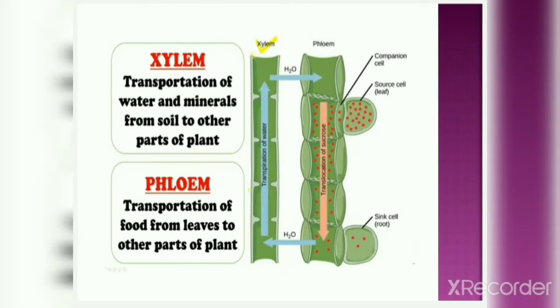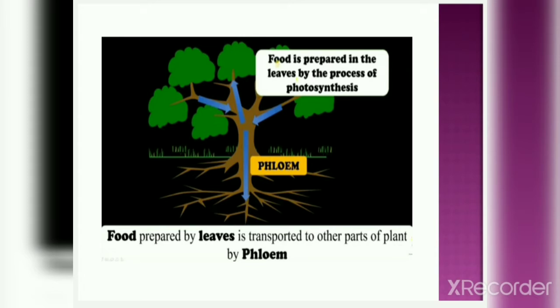Now, we also know that food is prepared by the leaves in the plant by the process of photosynthesis. Now this food is transported to other parts of the plant again by the stem with the help of special tubes called phloem. Understood?